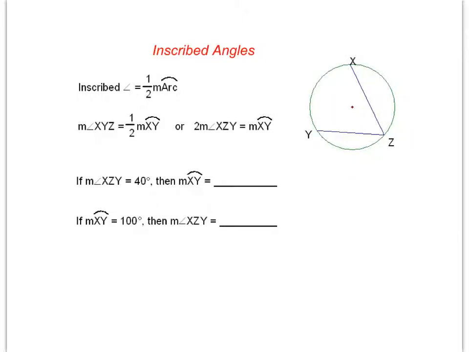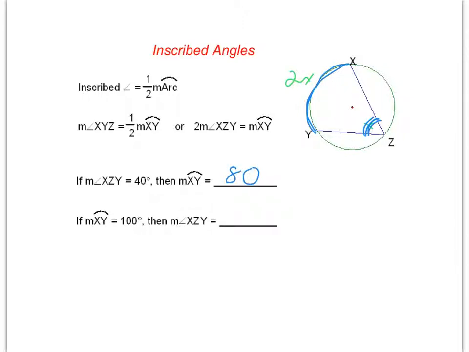So in other words, if that arc has a measure of 2x, the angle has a measure of x. If the measure of angle XZY is 40, then the measure of the arc is going to equal twice that, which is 80.